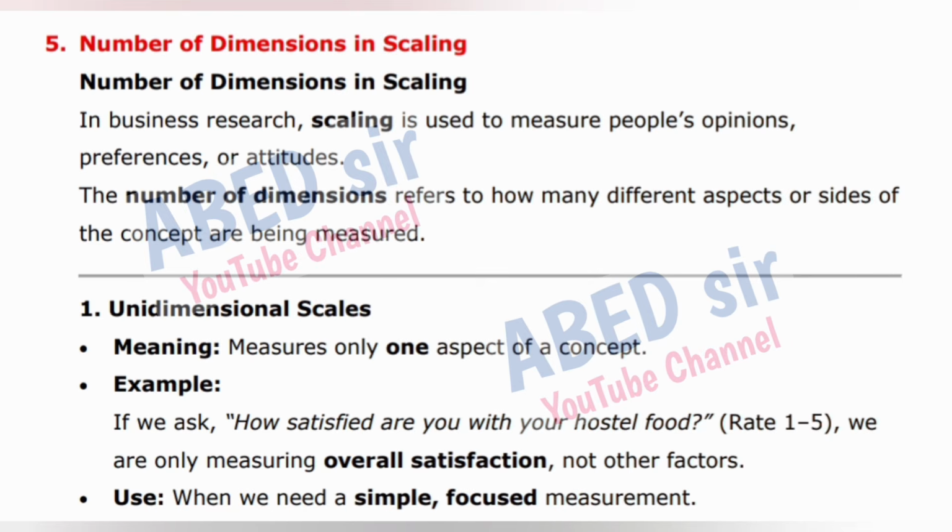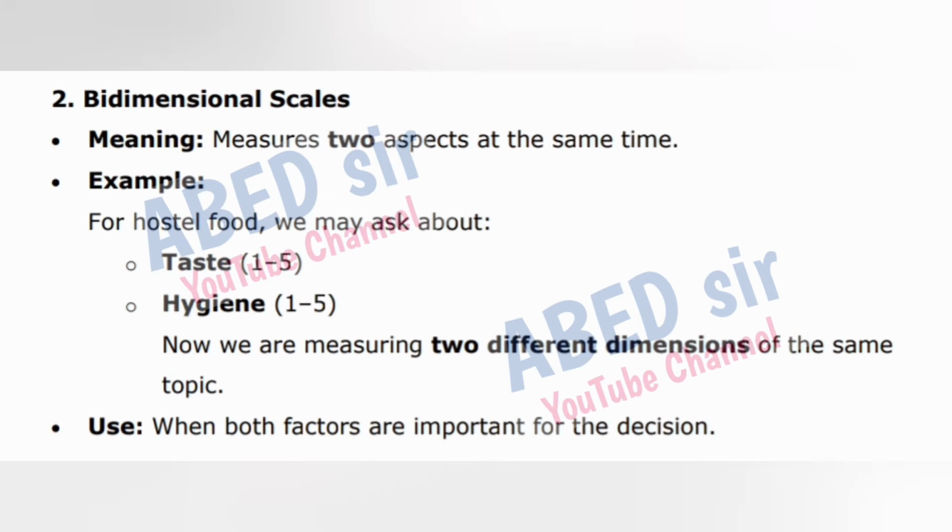1. Unidimensional scales. Meaning: measures only one aspect of a concept. Example: if we ask, "How satisfied are you with your hostel food? Rate 1 to 5," we are only measuring overall satisfaction, not other factors. Use when we need a simple, focused measurement. 2.